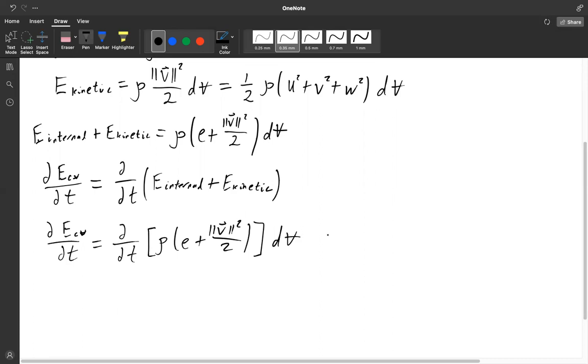We'll call this equation 1.1. I'll actually put that in a different color.